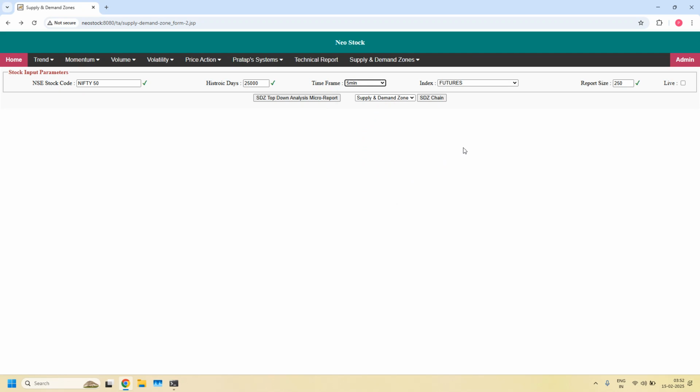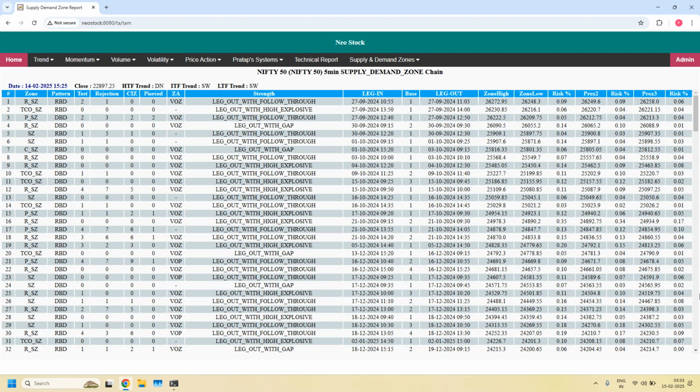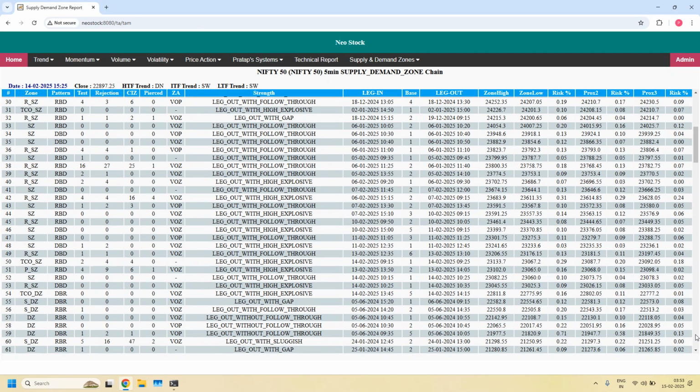5 minute supply demand zone chain for Nifty. All these are supply zones. So let me scroll the list down. And here you have demand zone 54.